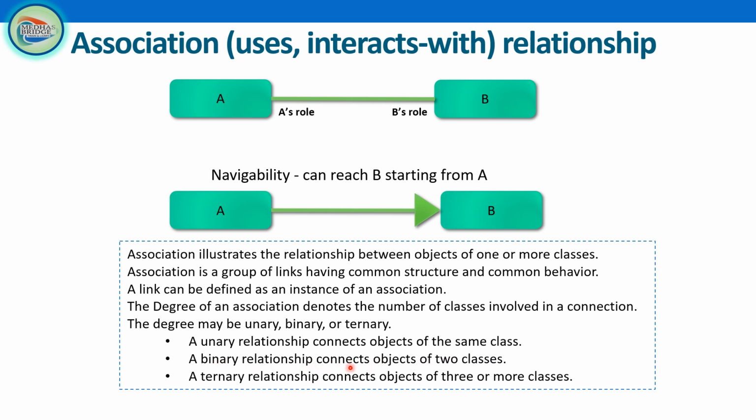Binary relationship connects the objects of two classes. Ternary relationship connects the objects of three or more classes. Navigability: can reach B starting from A. So with two entities, we can see more on how they are associated in this relationship.